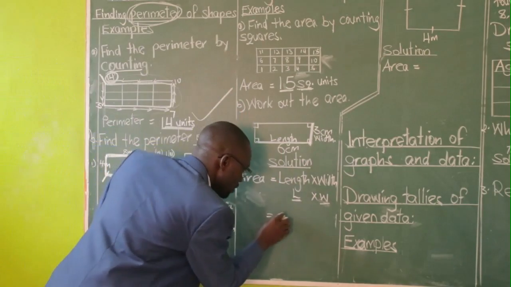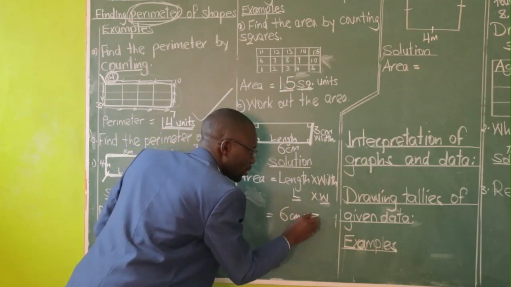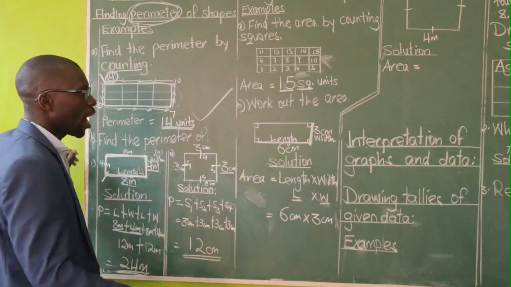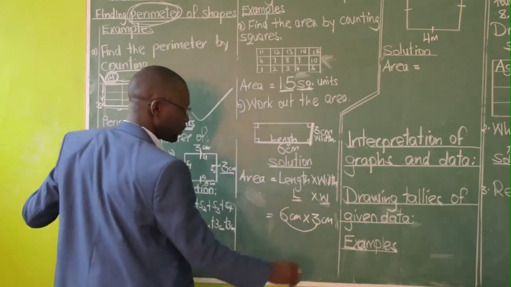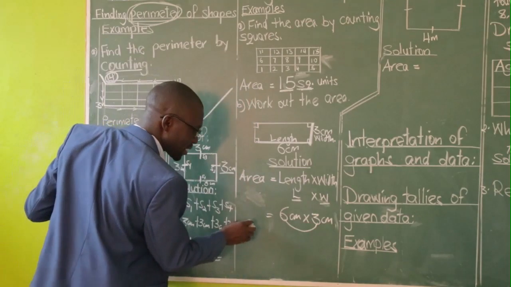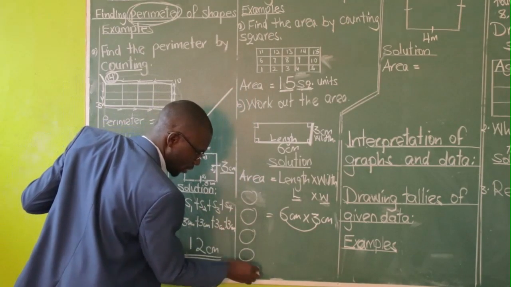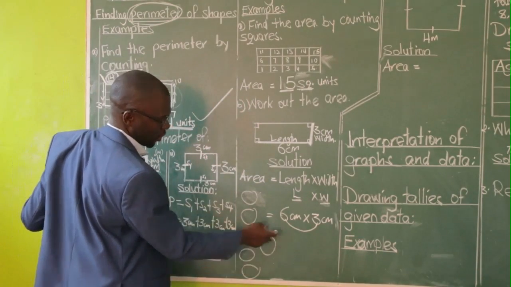So our length is 6 centimeters and the width is 3 centimeters. Now, how do we multiply this? We say 6 times 3, those are 6 groups, each group having 3 members. 1, 2, 3, 4, 5, 6.